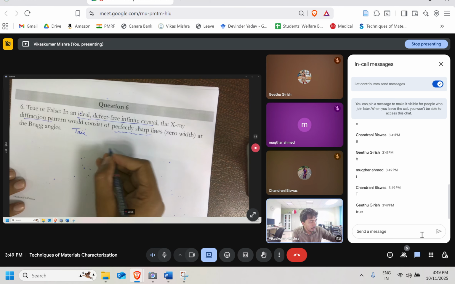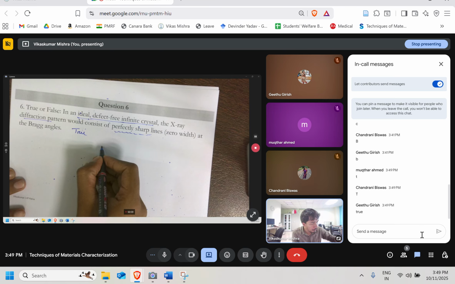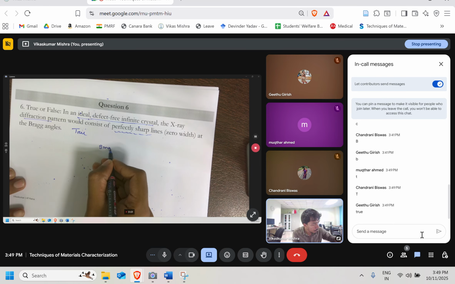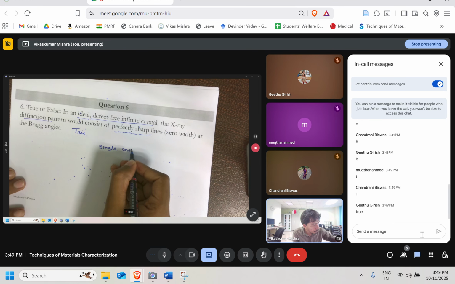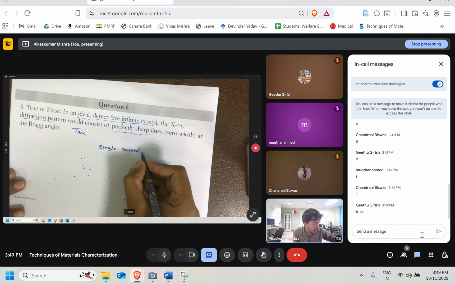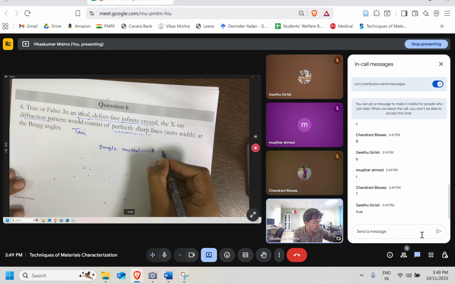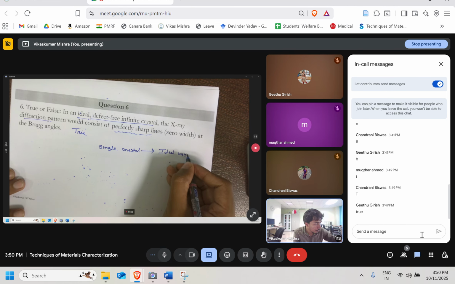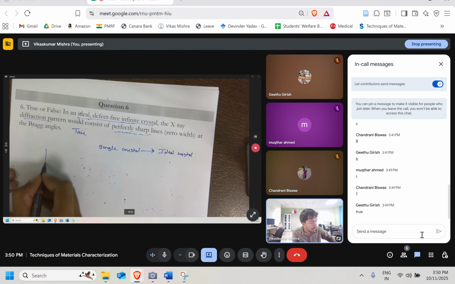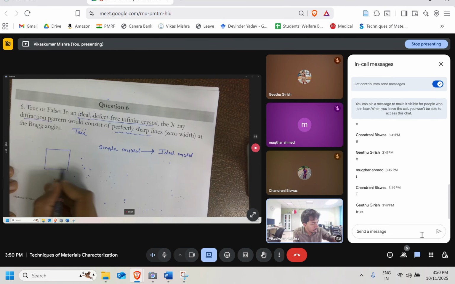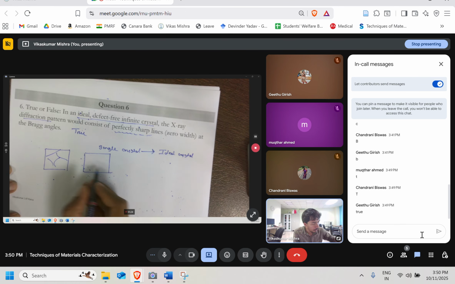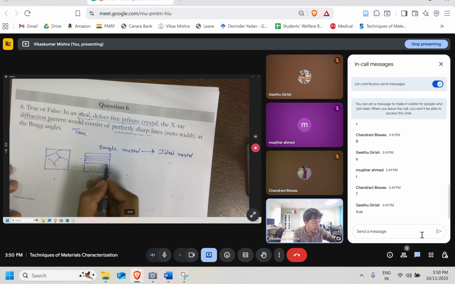Let me tell you one more thing, just additional information. Single crystals tend toward the ideal crystal. A polycrystal has multiple grains, while a single crystal has a single grain, with no grain boundary.